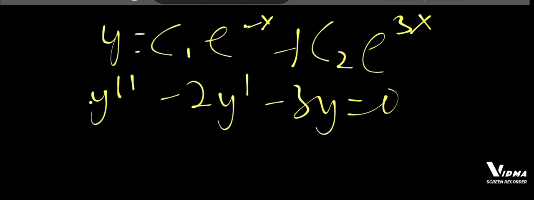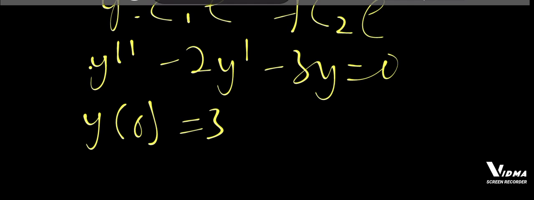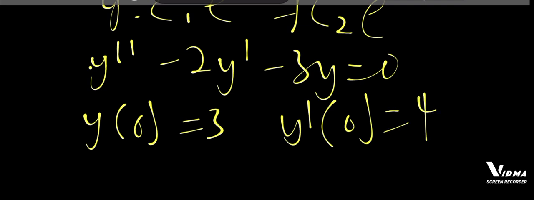And they said we should determine the particular solution of the initial condition y(0) = 3, y'(0) = 4. So since we have the same value of the independent variable, it's an initial condition.